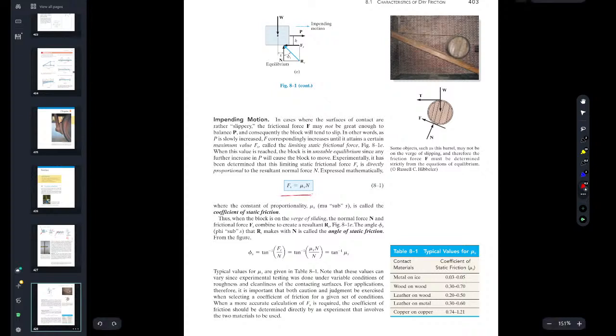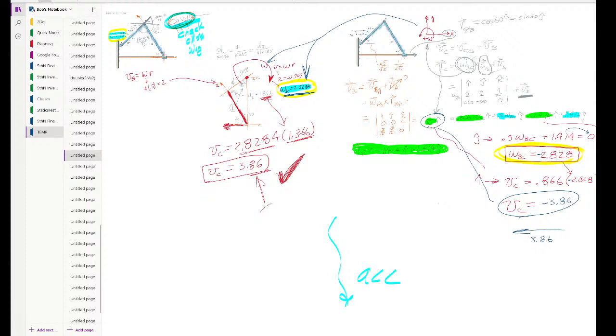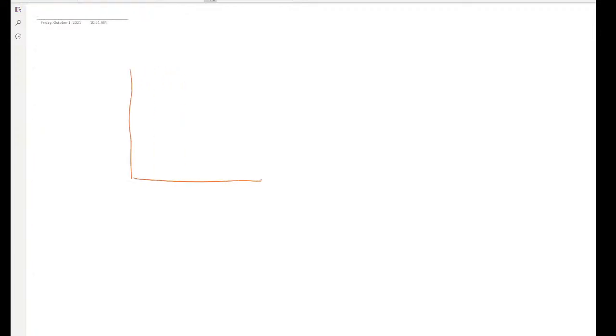In other words, if you have a 1 pound piece of furniture, a very light piece of furniture, it doesn't take much to move it across the carpet.